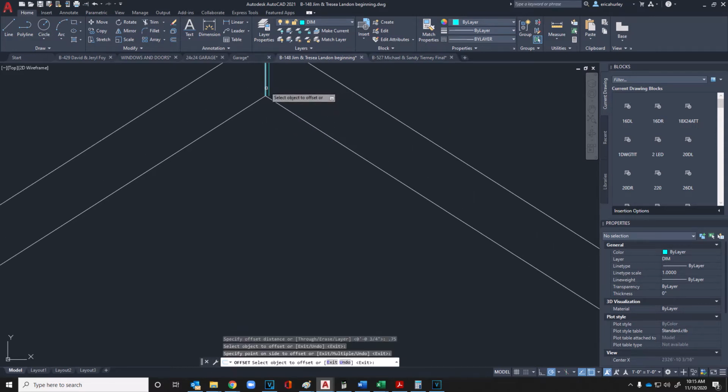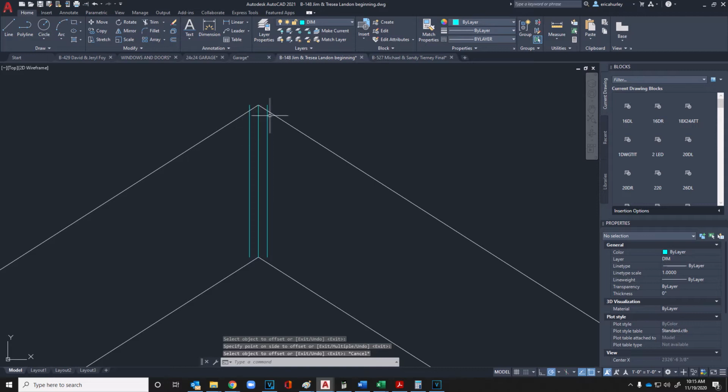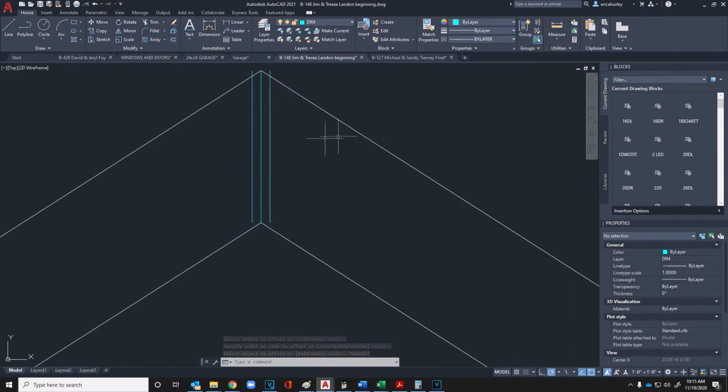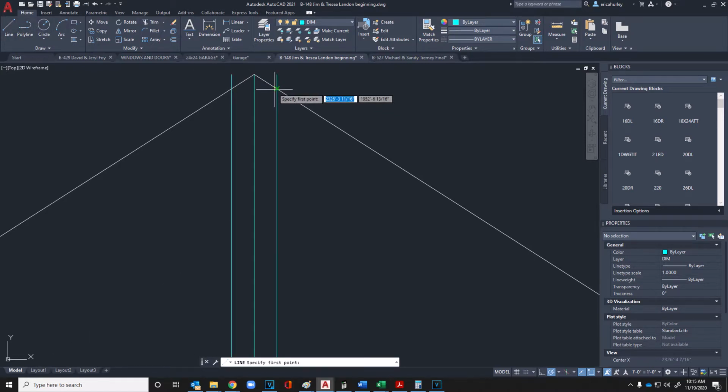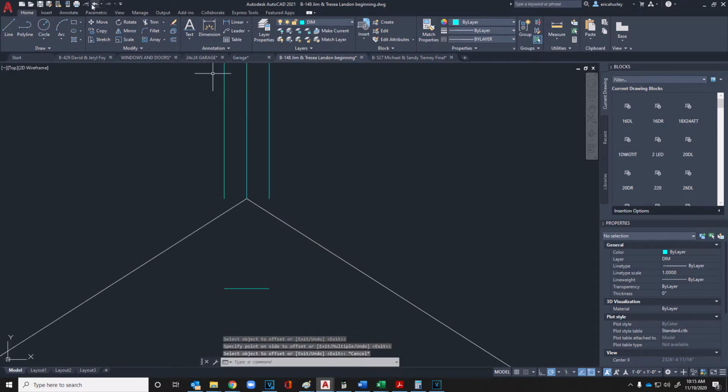And remember that your ridge beam must be a size bigger than your rafters, and in this case my rafters are 2x12s. So I'm going to draw this in as a 16-inch LVL, and you'll see that it is going to be a little bit longer than the rafters.